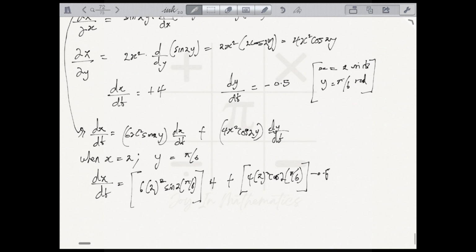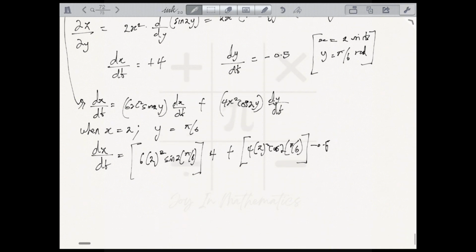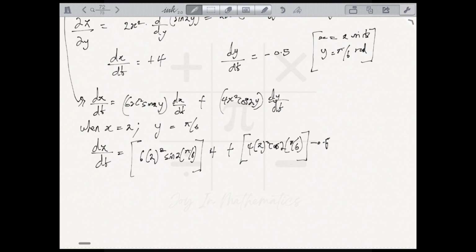And when we simplify this, we have that our dz/dt is equal to 75.14, and this unit will be units per second.